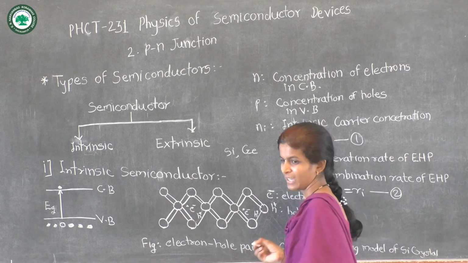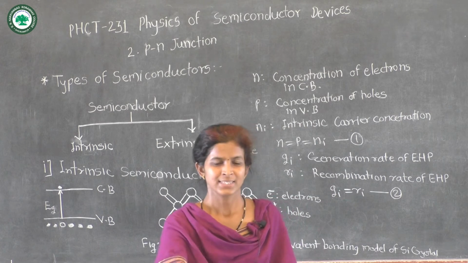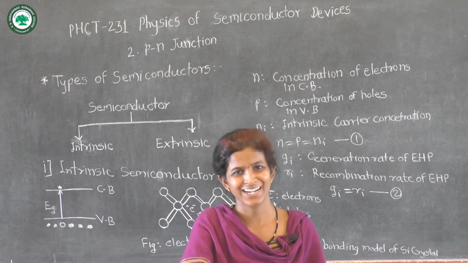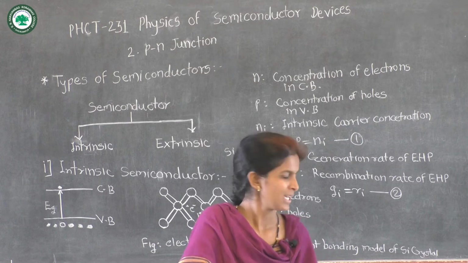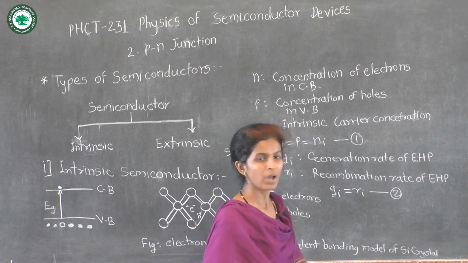Or at any temperature, as the generation rate and recombination rate are functions of temperature, Gi is equal to Ri.